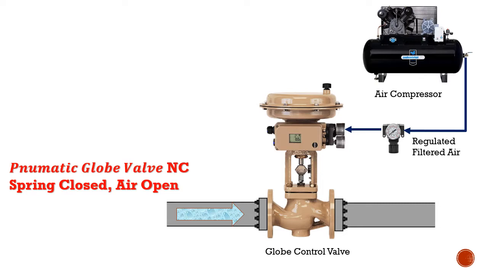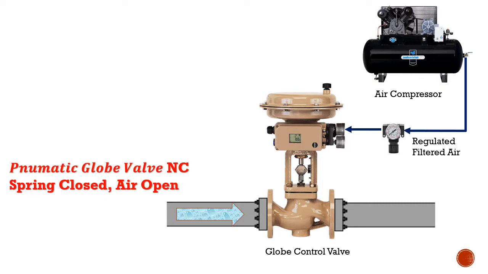If you want to consider it as a normally closed valve, then you could do so. But the idea is that when there's no air pressure, then the springs will keep the valve closed. And as you add air pressure, then you'll throttle the valve open, where more air pressure opens a valve more until it's fully open.